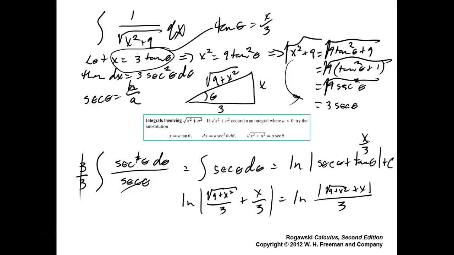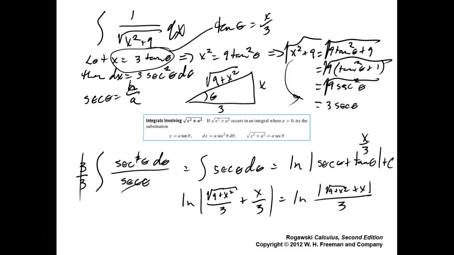Now, what is a property of logarithms when you have a quotient? The log of a quotient is the difference of the logs. The log of a product is the sum of the logs. The log of a quotient is the difference of the logs. Y'all are too young to remember slide rules. That was the whole principle of slide rules. You could make division of long, big, hairy numbers easier by taking the logs and just subtracting the logs rather than dividing.